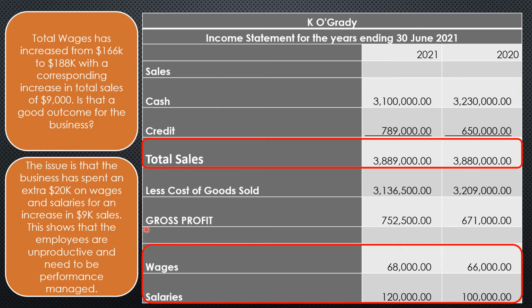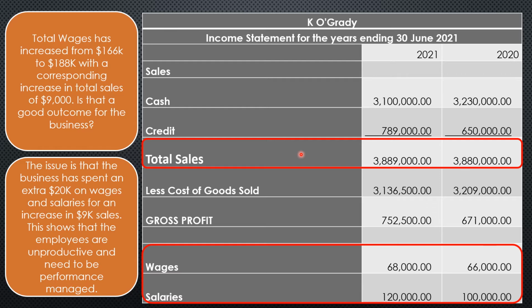Now, as you can see here, I've written a little extract or a couple of sentences which you can actually use within your exam to define firstly the issue and also the relationship. Now, the issue here is that the business has spent an extra $20,000 on wages and salaries for an extra $9,000 increase in sales.